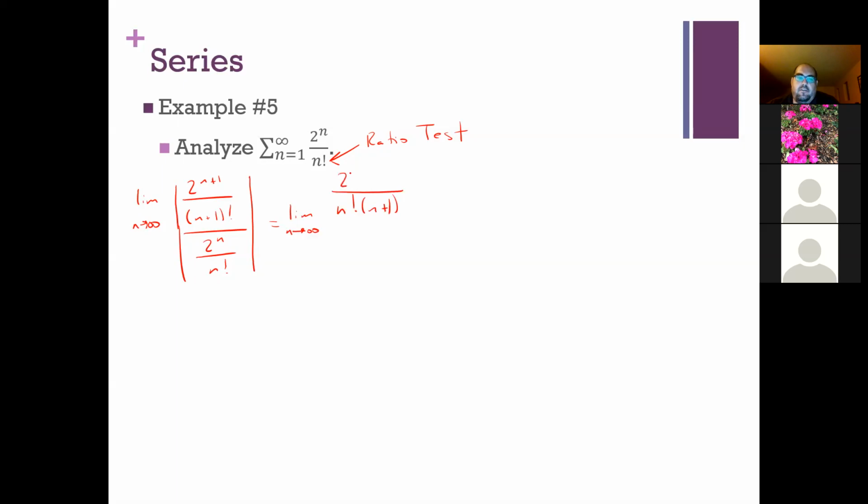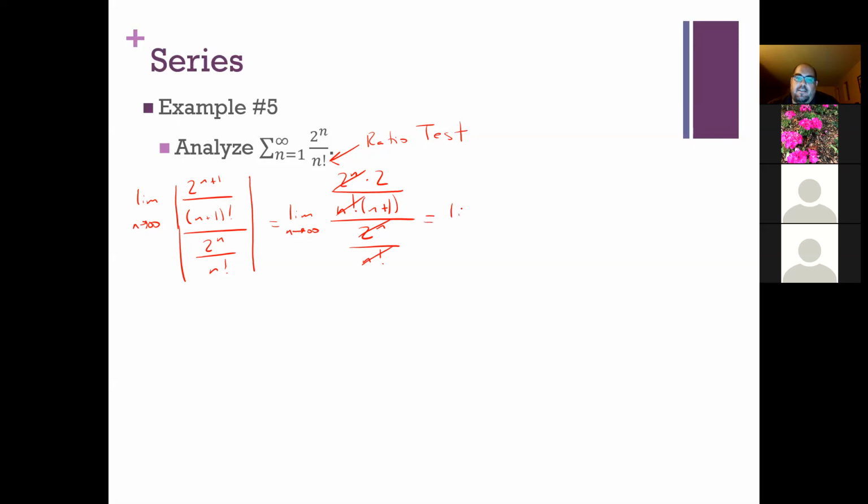I'm going to leave off the absolute values because there's nothing negative here to worry about. Usually you'll be able to tell that the ratio test is helpful because a lot of this is going to happen. So we got a lot of canceling here.